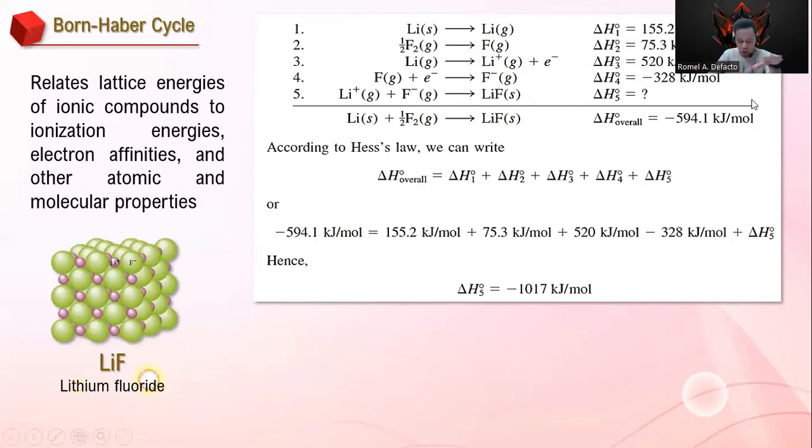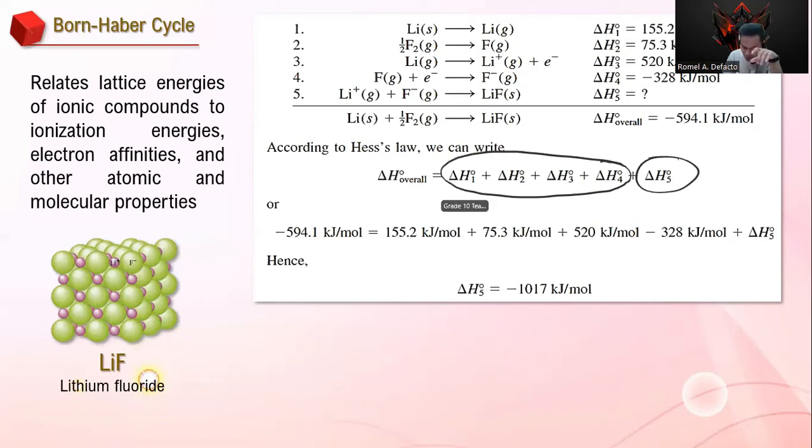In this case, we do not have the H5. So what are we going to do? Very simple. We simply take the overall value and deduct the other values so that the remaining answer will be the value of H5. So that is the energy in the fifth step.